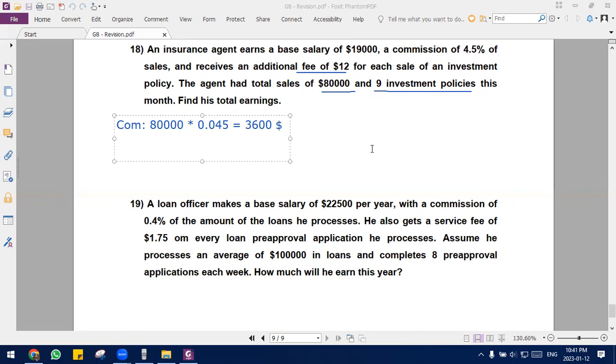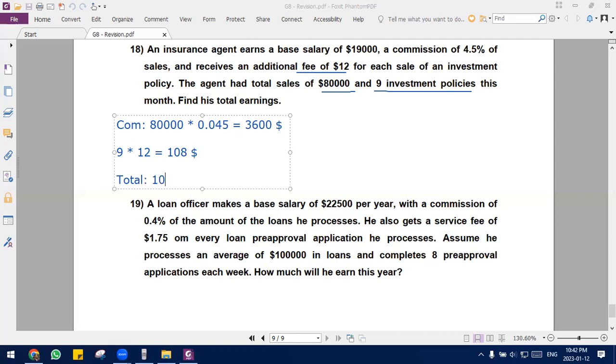Now for the investment that he made, nine investment policies, and he's getting $12 for each one of them. So 9 times 12 will be $108. Now we need to find the total earning for him.